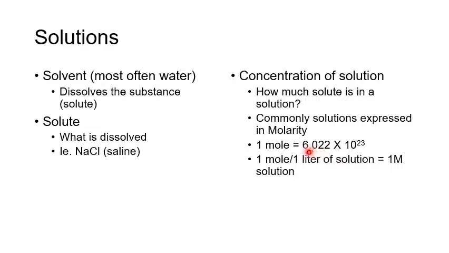What if you took twice as many atoms of, say, hydrogen? You would have 2 moles then. So 2 moles divided by 1 liter would give you 2 molar. So basically molarity is telling you how many particles are dissolved in a solution.